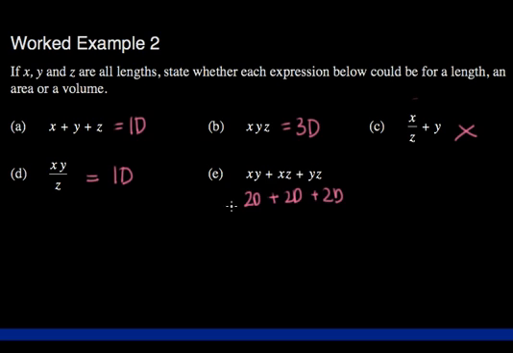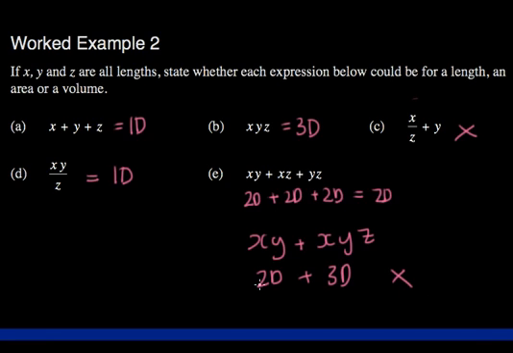Because this is dimensionally consistent, all of these are 2-dimensional, you can add them all together. You have an area plus an area plus an area gives you an area. But for example, if it said something like xy plus xyz, that would be a 2D plus a 3D, which doesn't work. So only when the dimensions are the same can you add or subtract them.